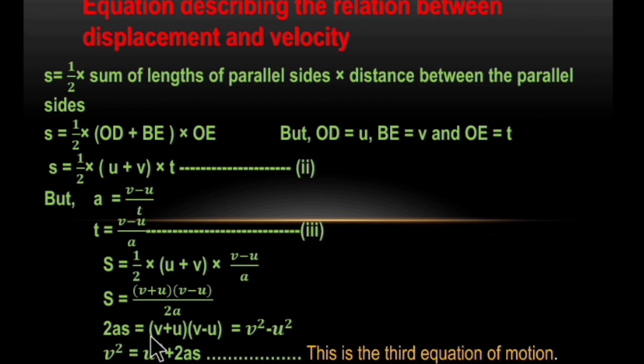So 2as is equal to (v plus u)(v minus u), which is equal to v square minus u square. So v square is equal to u square plus 2as. This is our third equation of motion.